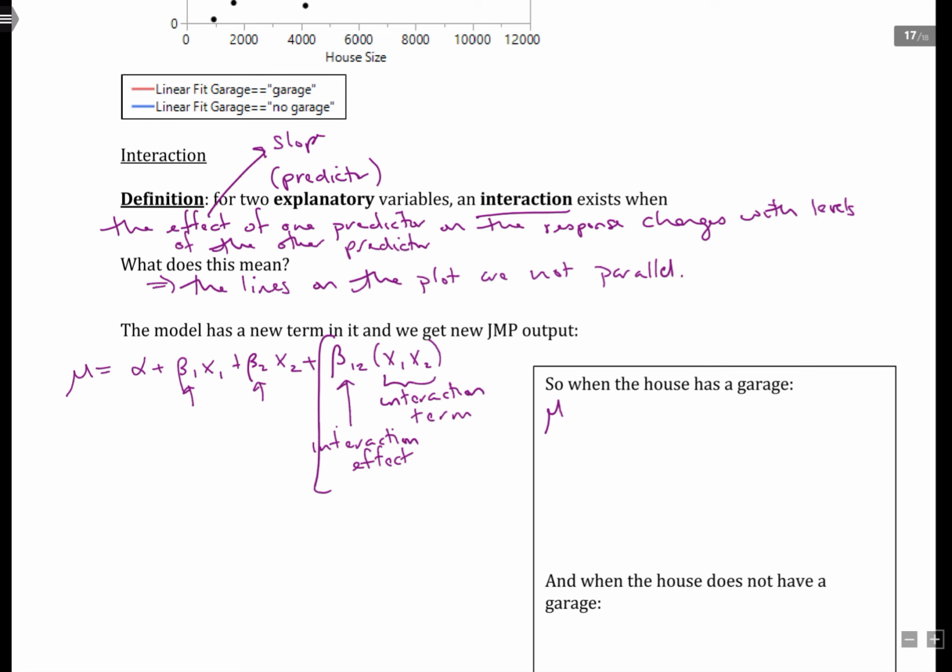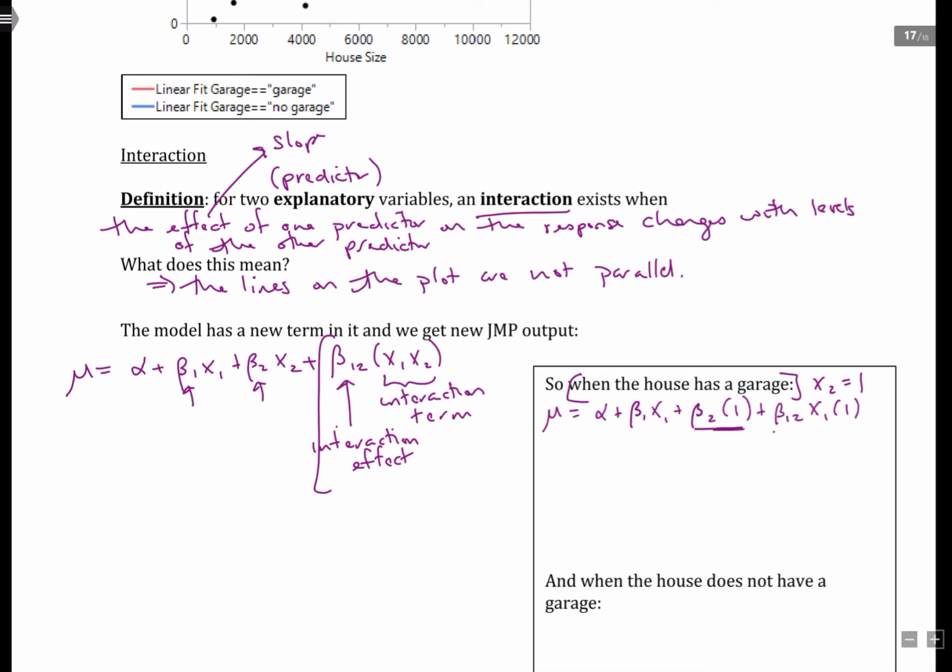Well, when the house has a garage, that means x2 equals 1. So my model becomes mu equals alpha plus beta 1 x1 plus beta 2 times 1 plus beta 1,2 times x1 times 1. So now I still have that same constant, so this is going to lift or lower my intercept just as before.